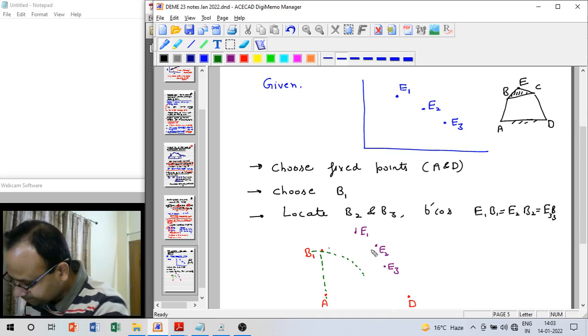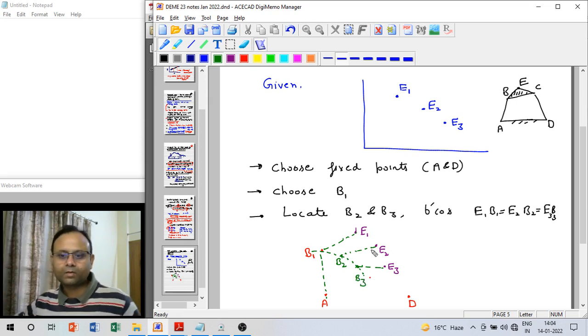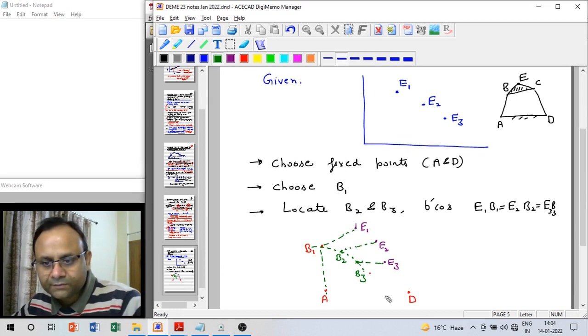So like that, E2B2 will be same as E1B1, so you get B2, and similarly you get B3. Okay, so that step is done. Now we have A, D and B. All we have to do is locate the point C. Then the mechanism is done.